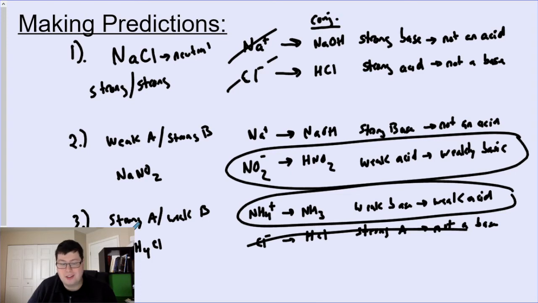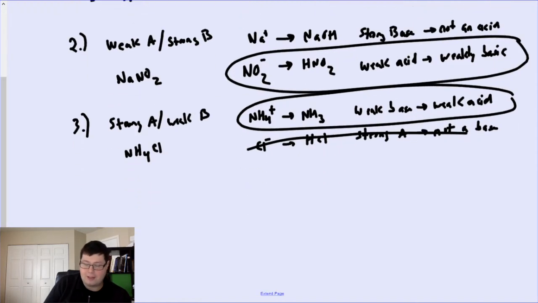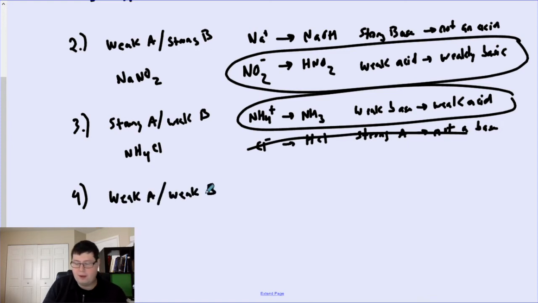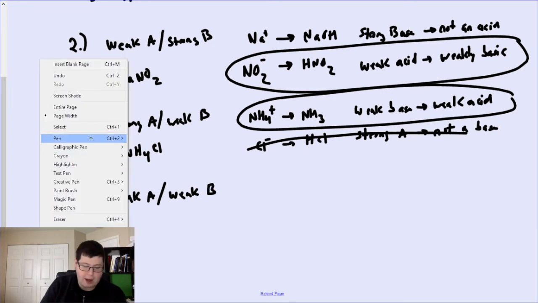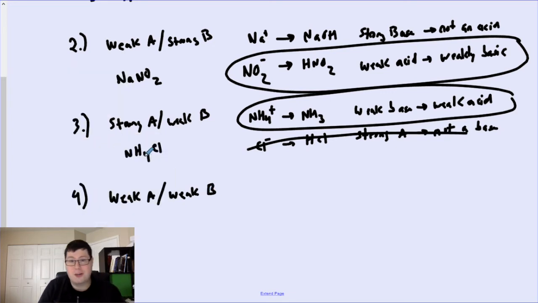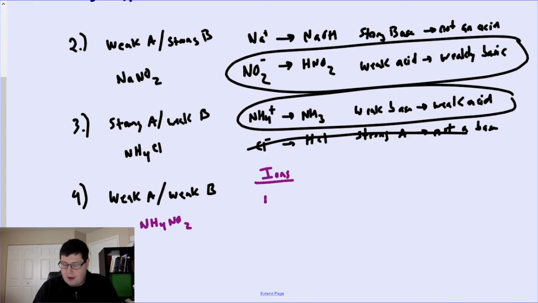Well, as you can imagine, there's one more case that we haven't seen, and of course it is the most difficult case. In number 4 here, we're going to consider what happens when you combine a weak acid with a weak base. Now, to do that, I want to consider a very particular example. We're going to take a look at ammonium nitrite, NH4NO2. Now, we're going to consider the two ions that we have here.